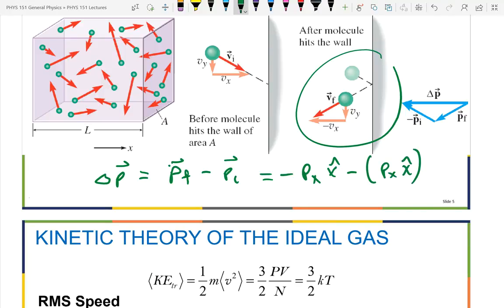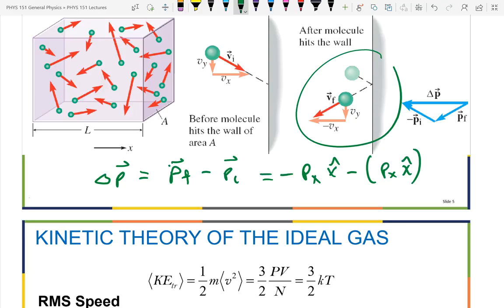Now, why do I have px in both cases, you may be wondering. If it's an elastic collision, the kinetic energy before has to equal the kinetic energy after, which means that the speed before has to equal the speed after, or the momentum before has to equal the momentum after. Since momentum in the y and z directions is remaining the same, unchanged, then the magnitude of the momentum in the x direction has to remain the same.